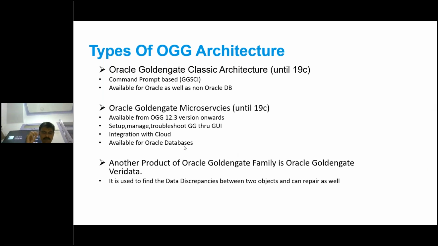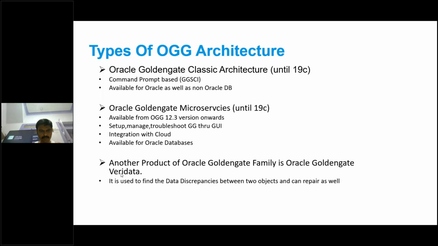As the name suggests, it verifies the data for you. Goldengate is a replication tool. Say, for example, on source you have 10,000 records in a table and on target you have 9,000 records. So there is a discrepancy of 1,000 records, right? What Veridata can do for you is identify the discrepant records and repair those discrepancies for you.